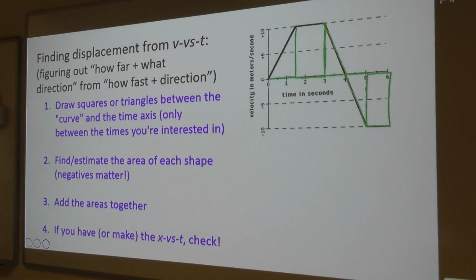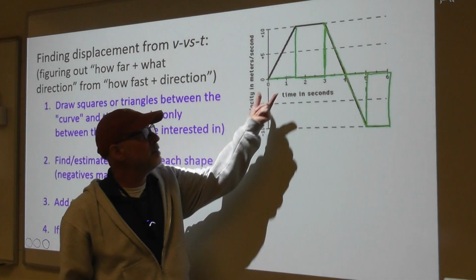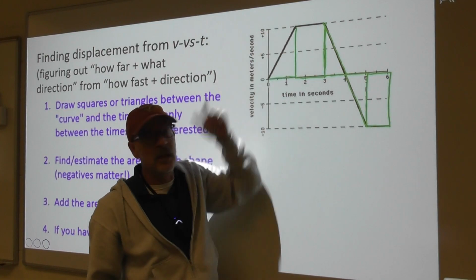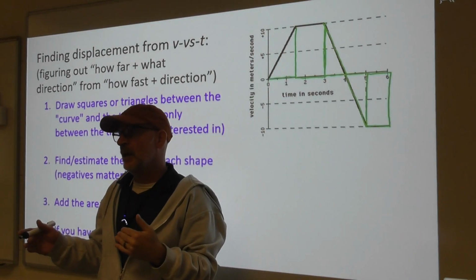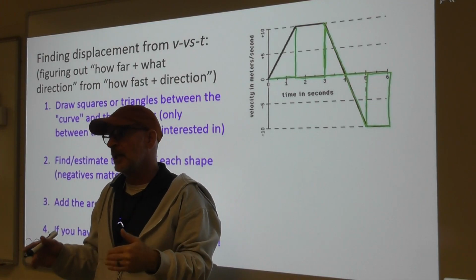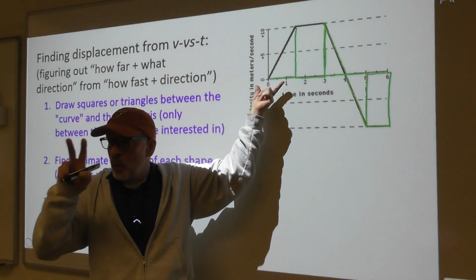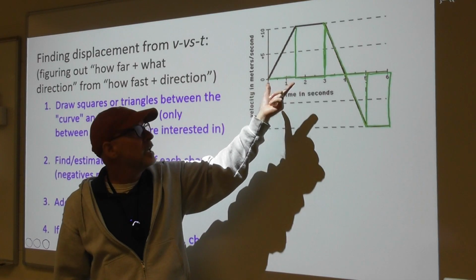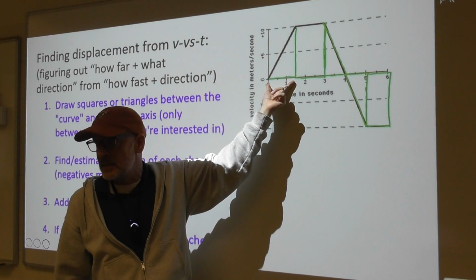And when I say you're going to calculate the area of each shape, what I mean is sort of the geometric area. But you're not going to calculate the geometric area by measuring the length of this line, the length of this line, multiplying them together and dividing by 2. We're going to use the axis to tell us the length and the width. The width of this shape, not geometrically, but from the graph, is 1.5 seconds.